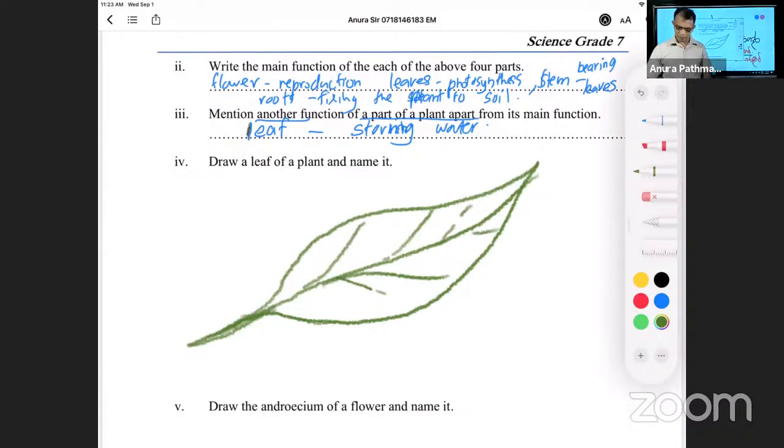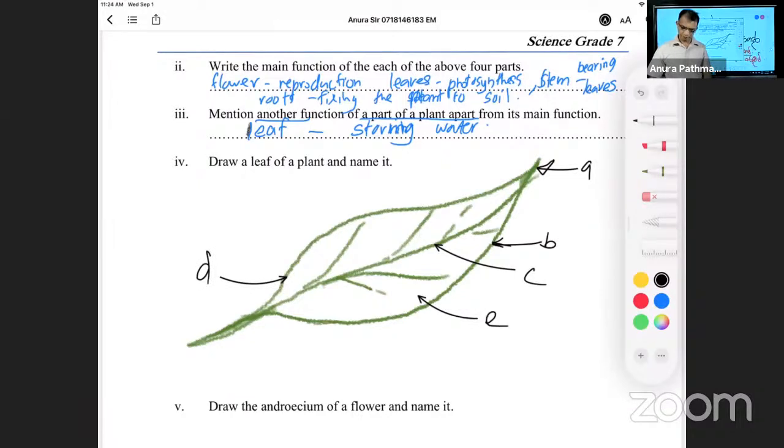Okay. What is this one? A. Leaf tip. B. Leaf margin. C. Midrib. D. Leaf base. E. Leaf blade. Number one, A: leaf tip.